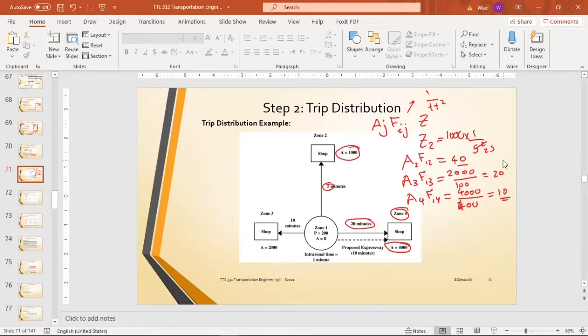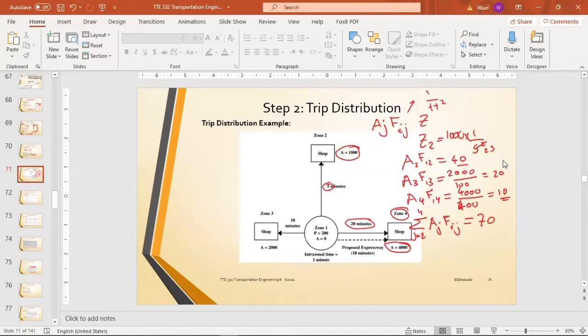Before we go through the trips from 1 to 2, let me just make the summation of AJ Fij for J equals 2 to 4. So basically, what's the summation of all of these? This will be 70. So let's do the trip distribution.